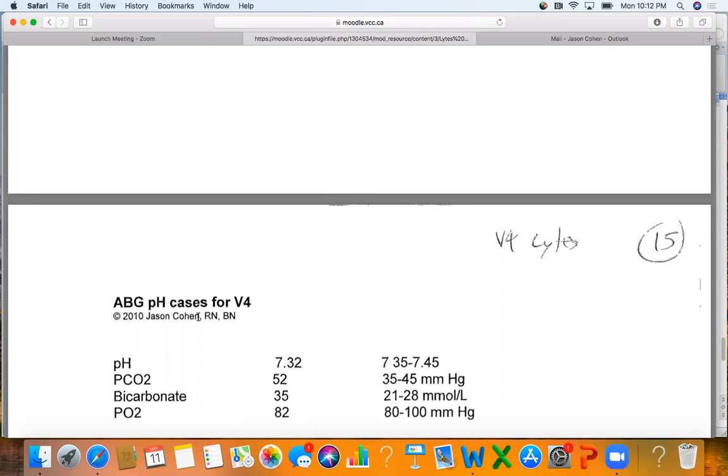In this case, and in most of the abnormal cases you're going to see, the pH is not within normal range. Normal range is 7.35 to 7.45. So best we can say is that the body is partially compensating because it hasn't pushed it back to normal range.